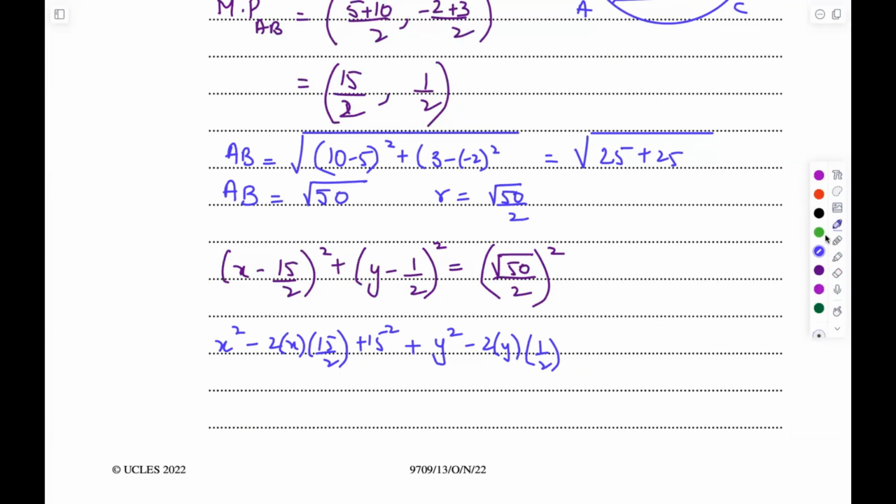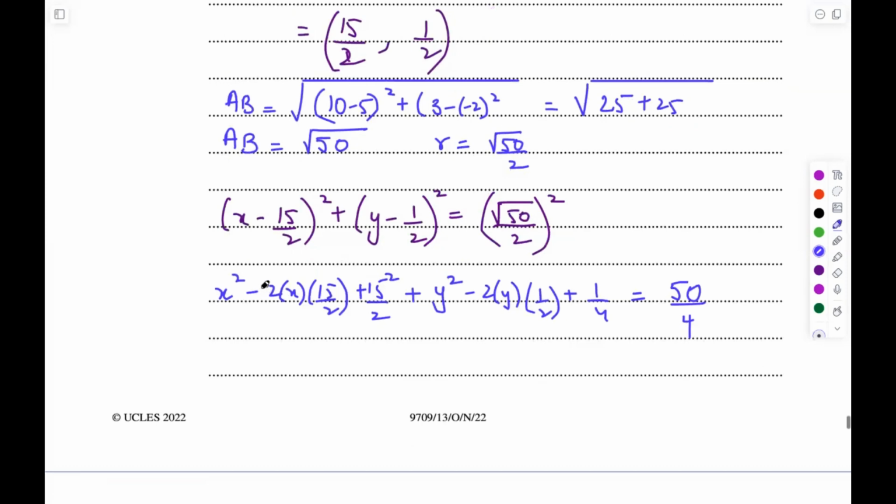On the right, square root of 50 whole squared will be 50, and 2 squared will be 4. Now simplifying, 2 and 2 will cancel out. So we'll get x squared minus 15x plus 225 upon 4, plus y squared minus y plus 1 upon 4 equals 50 upon 4.